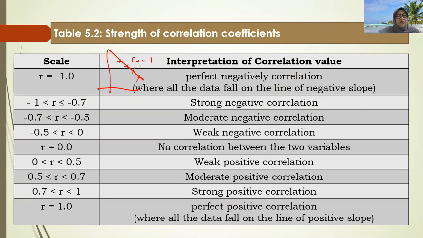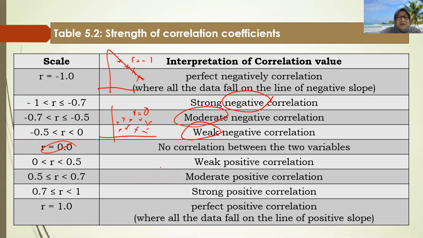If it is between -1 and -0.7, strong negative correlation. Between -0.7 and -0.5, it's moderate, and less than that will be weak negative correlation. If R equals 0, that is what we had just now when we have no relationship. No specific trend between X and Y.